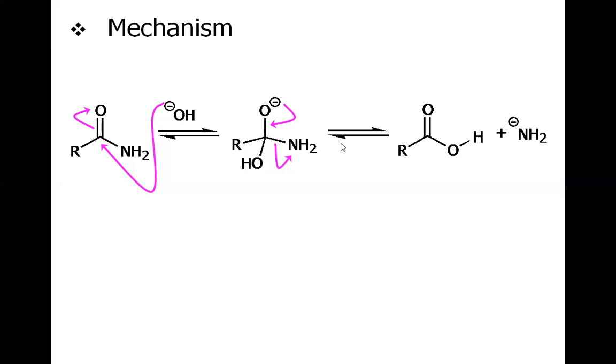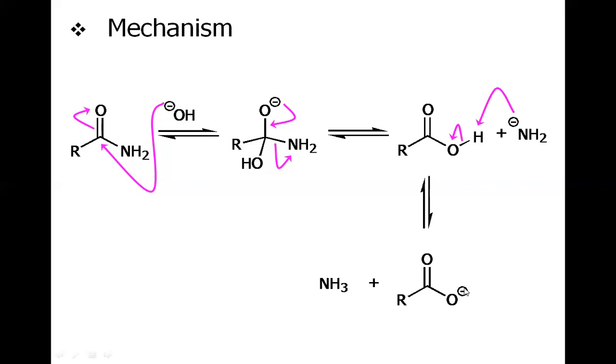That is why this reaction will occur. And then this amide which has just been formed will abstract the proton from the carboxylic acid to have the carboxylate salt and ammonia, because this is the base catalyzed mechanism. So we have our salt formed, and then we may add the acid to have the carboxylic acid formed.